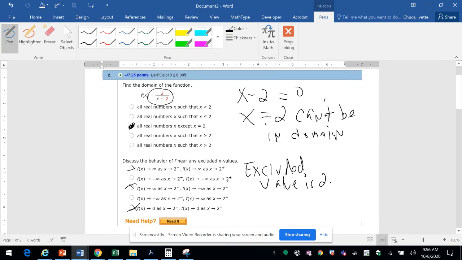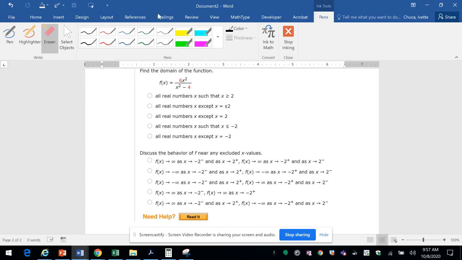Now we're looking at the positive. As x approaches 2 from the right side, is it going to negative infinity? No. As x is going to 2 from the right side, is it going to positive infinity? And the answer is yes. So that would be our answer.